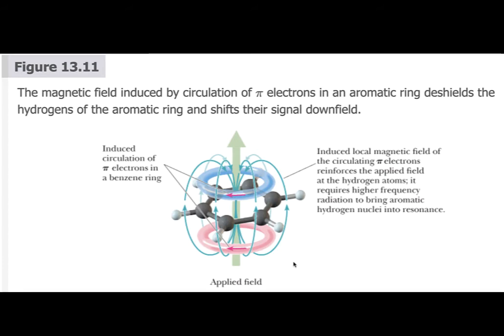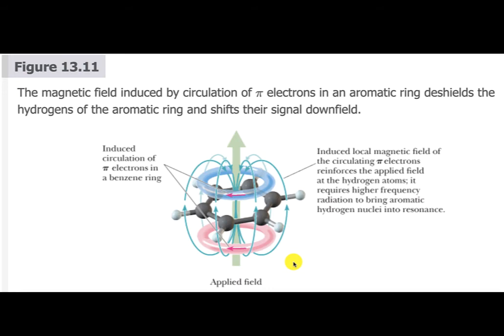So the pi bonds are flowing around in this circular motion, or at least they can, and whenever you have a flowing particle with charge, it's going to generate a magnetic field. This is Michael Faraday again. Movement of an electron generates a magnetic field.